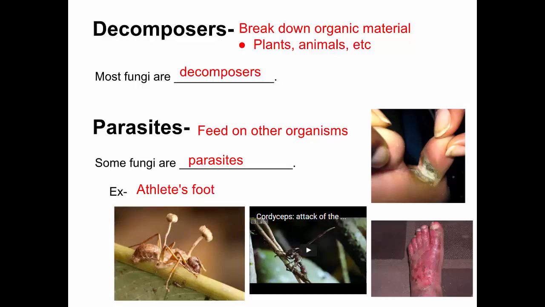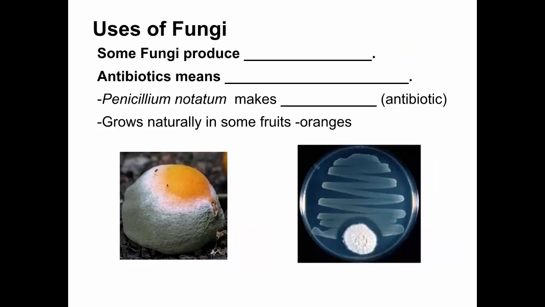The mushrooms then grow out of the exoskeleton and break through and release their spores. So it's a neat video to see some of that. I'll show you at some point. Does it make it jump off the tree? No, it gets them high up in the tree, and then it kills them, and they stay there. The caps break out of the exoskeleton, and then they can release their spores. So what a way to die.